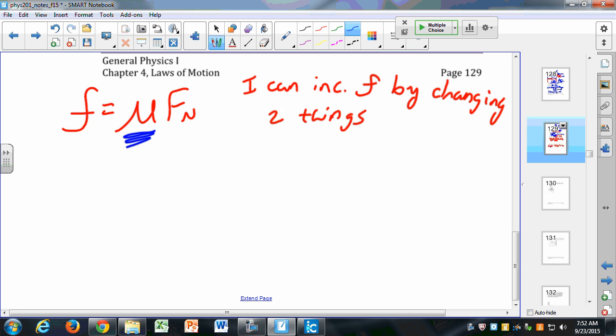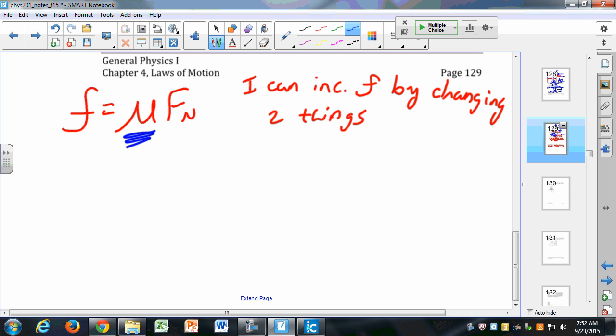You can find tables for the coefficient of friction. They're determined, as I said, experimentally. But for example, ice would have a bigger or smaller coefficient than rubber. Does ice have a bigger or smaller coefficient than rubber, for example? It's going to be smaller, right? Because ice is slicker. It has less friction. And it's not only dependent on the material, but it's actually dependent upon the two types of material.